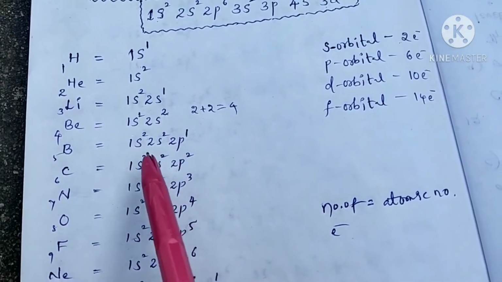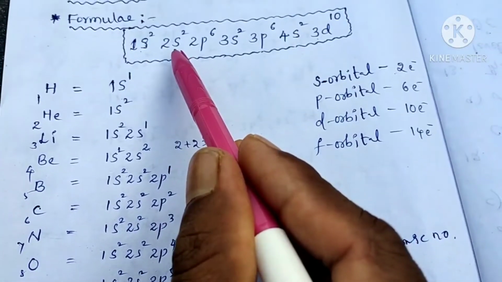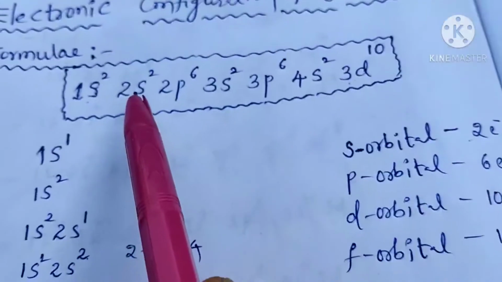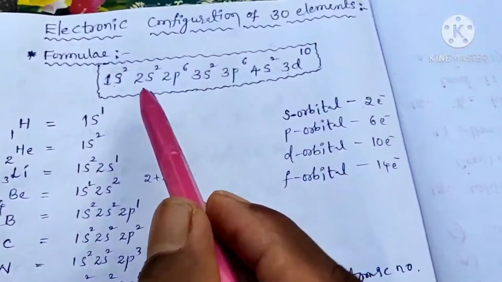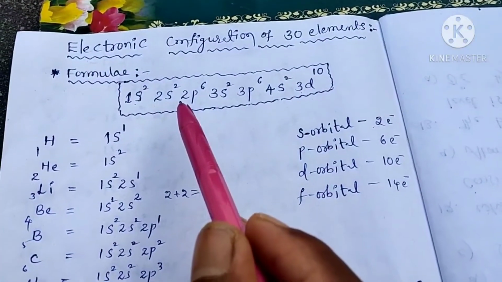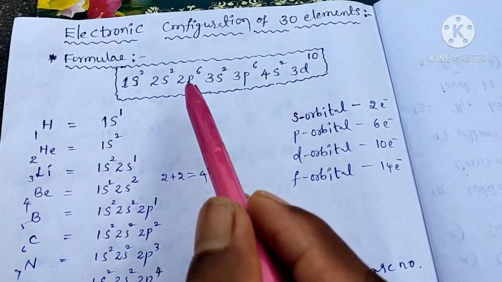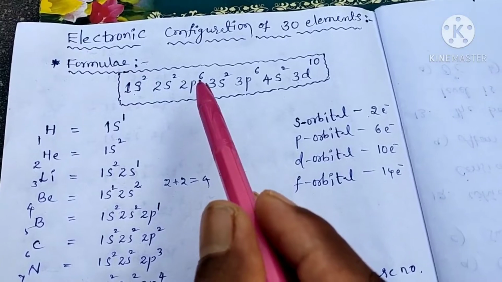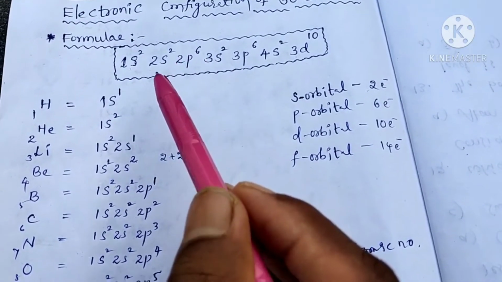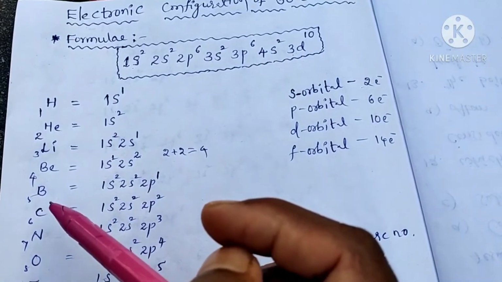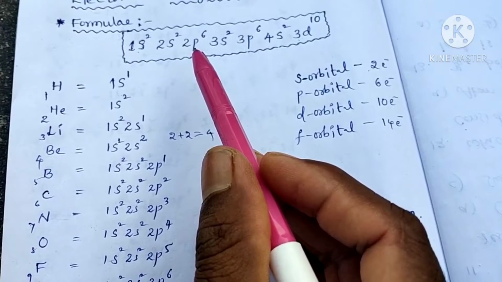And boron, atomic number 5. So 1s2, 2s2. Here the second orbital is also completely filled with 2 electrons. Then the next coming electron will enter into the next orbital, that is 2p. How many maximum electrons can it accommodate? 6 electrons. Nothing but from boron, 6 elements we can fill in this orbital.